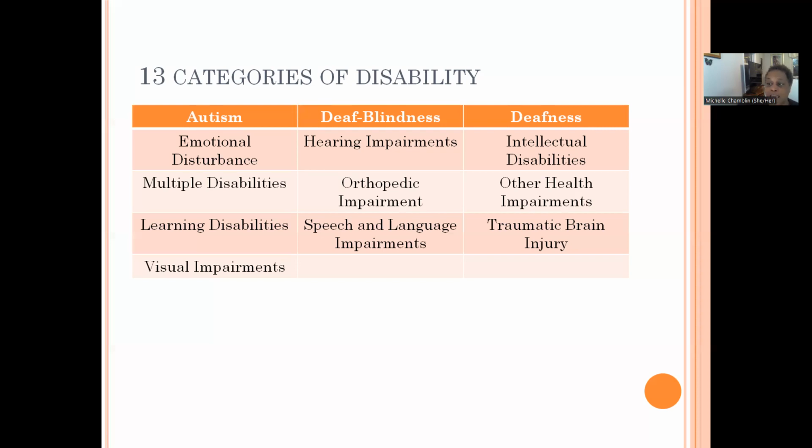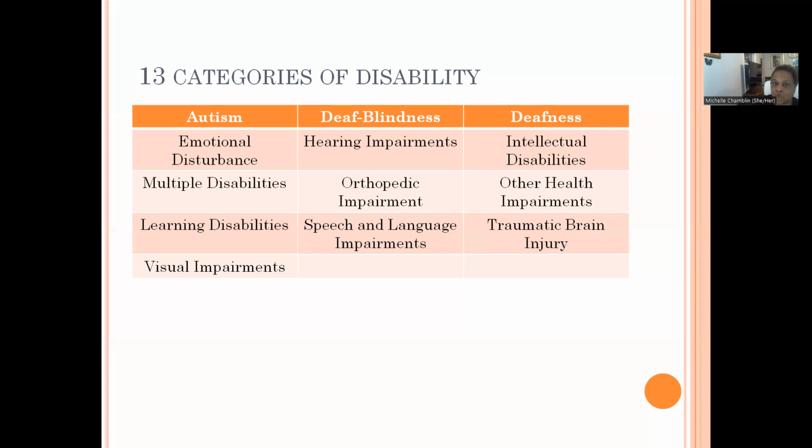For example, if I read the definition of orthopedic impairment, you're going to write down orthopedic impairment, numbers 1 to 13. Then after we do this, I am going to give you the answer, and then for extra credit, it's easy, tell me how many you got correct. So that's another extra credit opportunity.